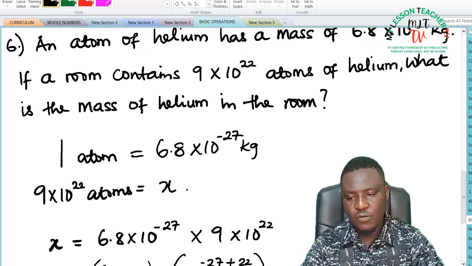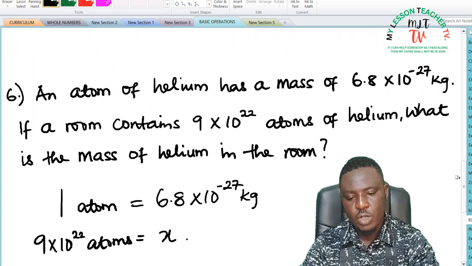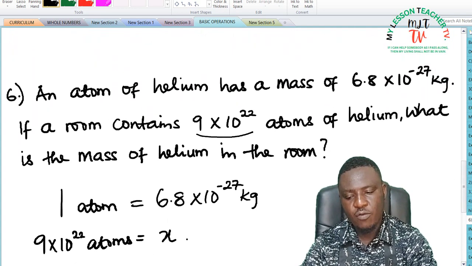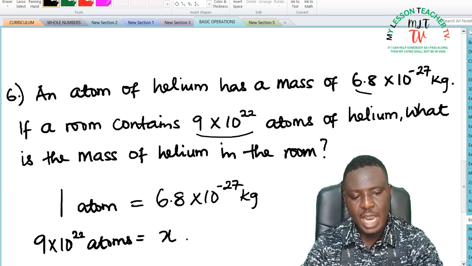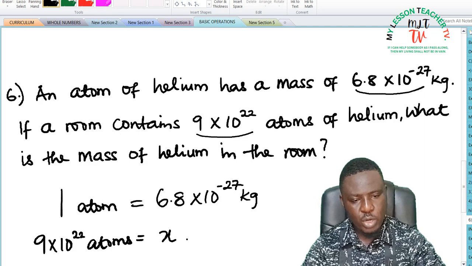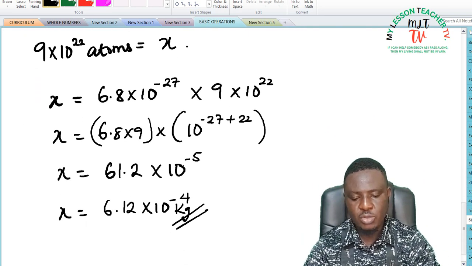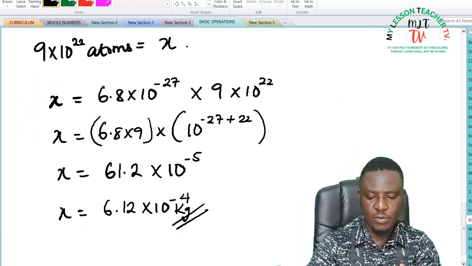So the total mass of helium in that room will be the product of the total number of helium atoms in that room times the mass of 1, which we got to be 6.12 times 10 raised to the power of minus 4 kg.